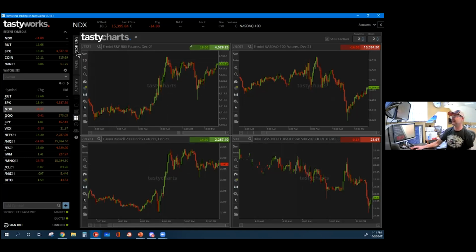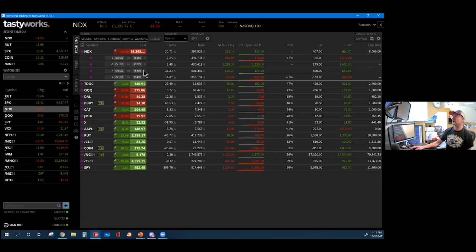Keep pounding them. I did want to take a look at our NDX trade quickly. So just keep this in mind as we are looking at the NDX trade. Okay, so if you followed my strikes, we've got a 20-point spread on the call legs here, and we've got a 15-point spread on the put leg here.